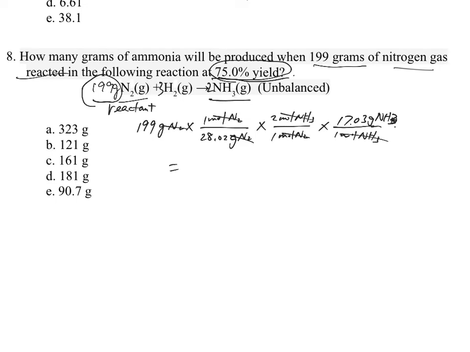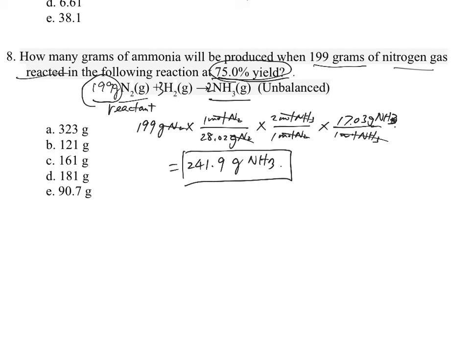So 199 divided by 28.02 times 2 times 17.03, and that's 241.9 grams of ammonia.